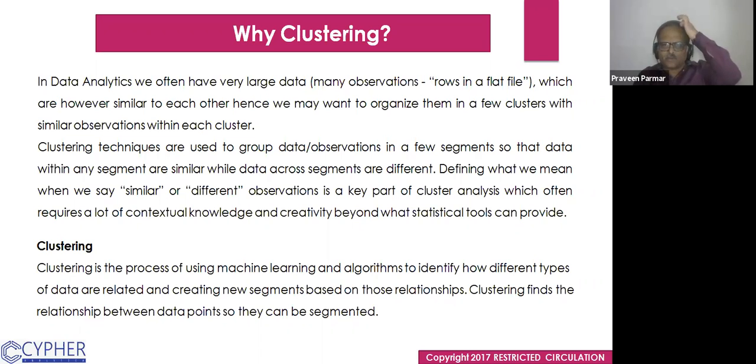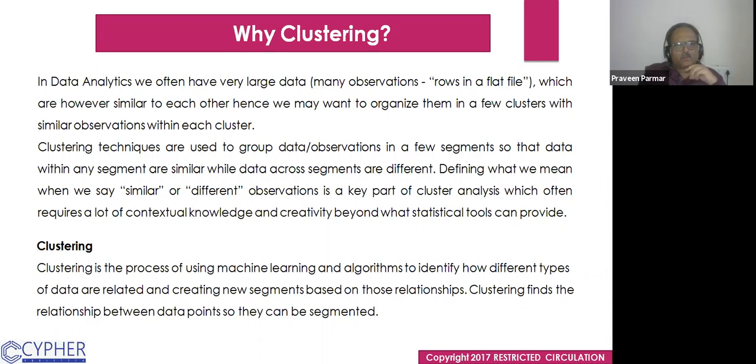Got it? Defining what we mean when we say similar or different observations is a key part of cluster analysis, which often requires a lot of contextual knowledge and creativity beyond what statistical tools can provide. Okay, your creativity is also required there.